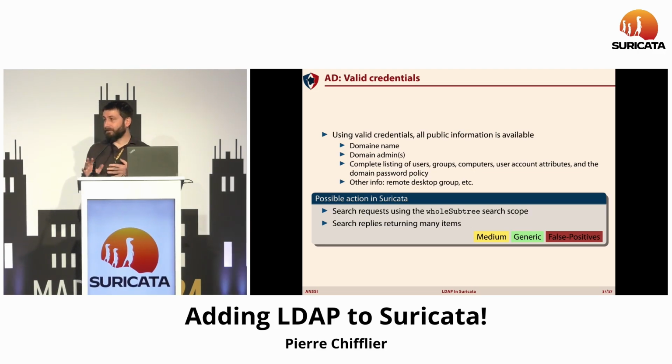So we might want a way, for example in Suricata, to detect the number of entries returned from a request, because when this number is above a threshold, that might indicate a request that is not expected.